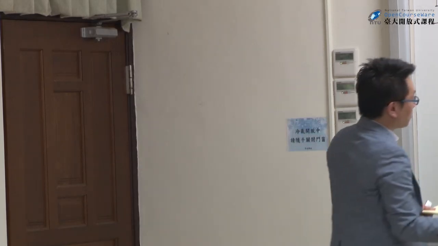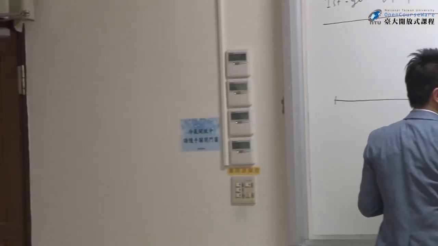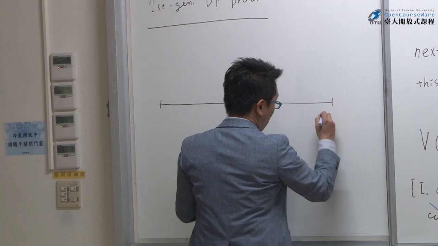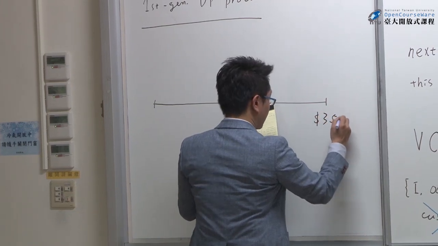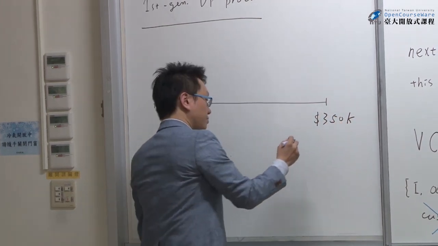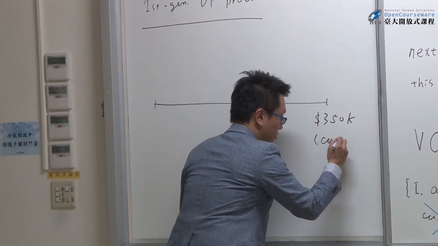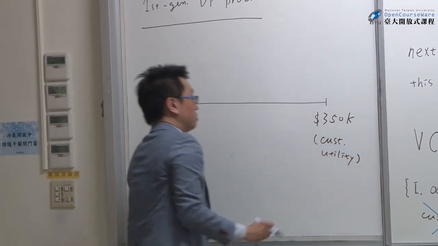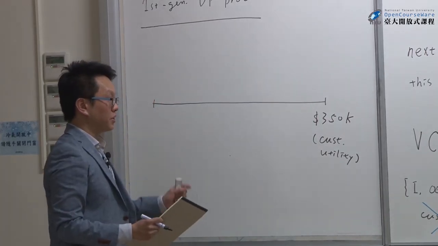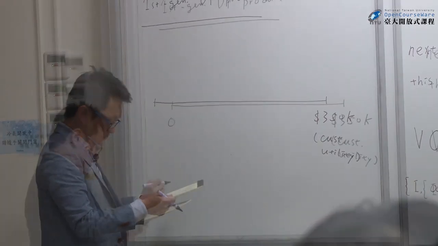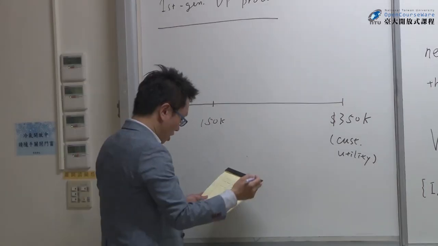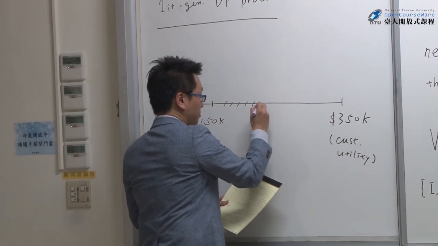So from what we know, each customer here will get a utility of $350K. So this is the customer utility. When they buy your product, they feel happy. That value is $350K. And the production cost for the first generation is $150K. Now we will put attention here.